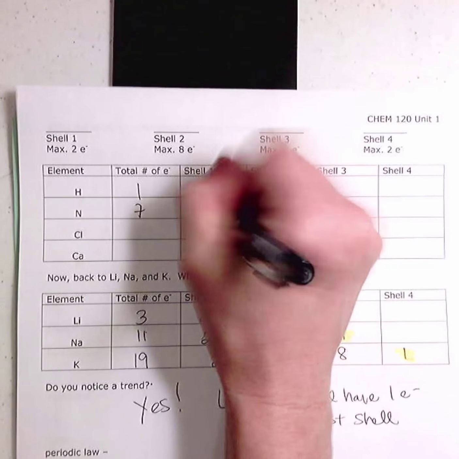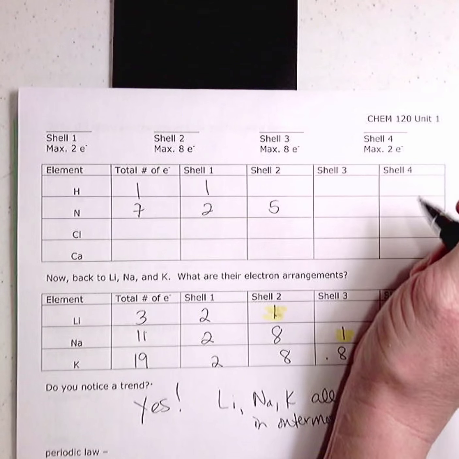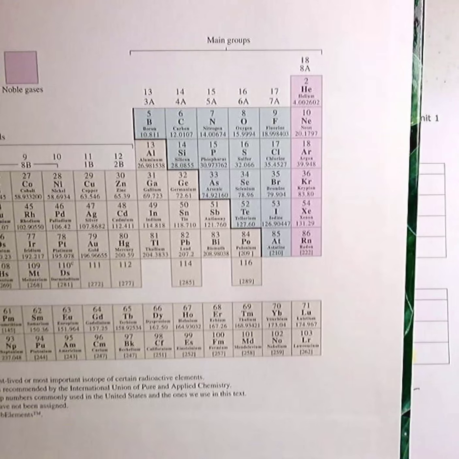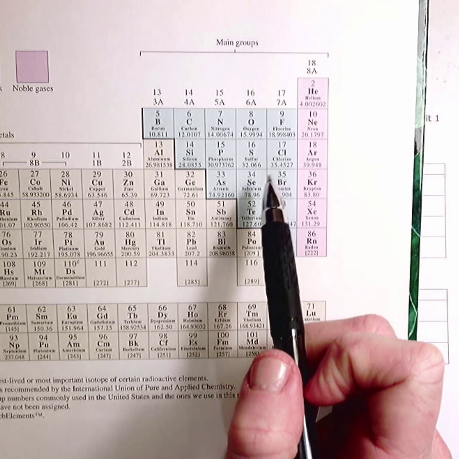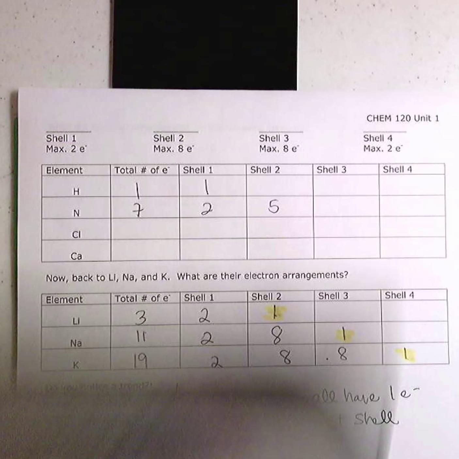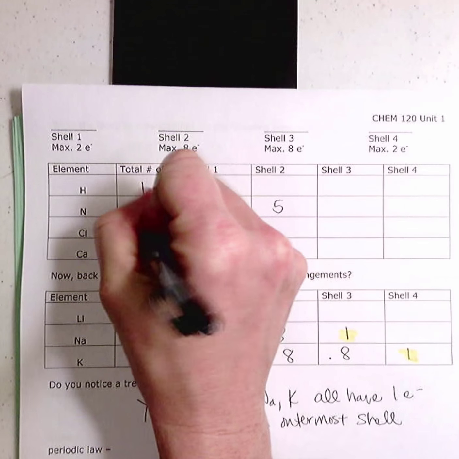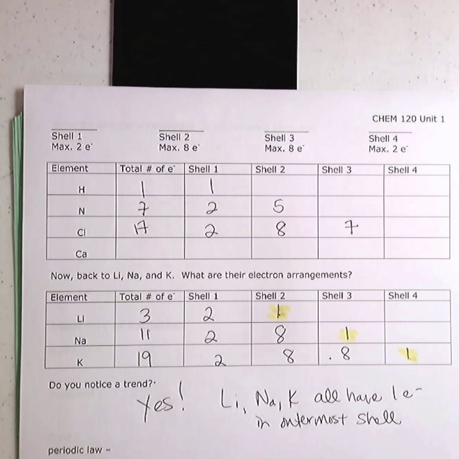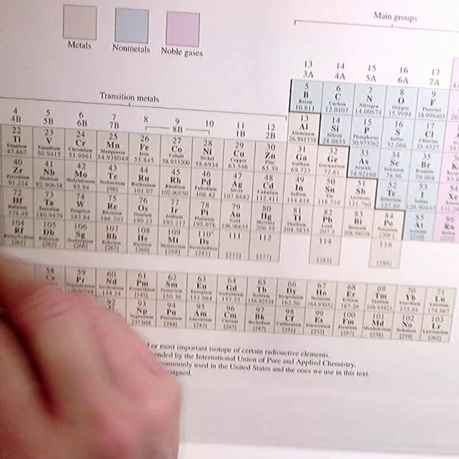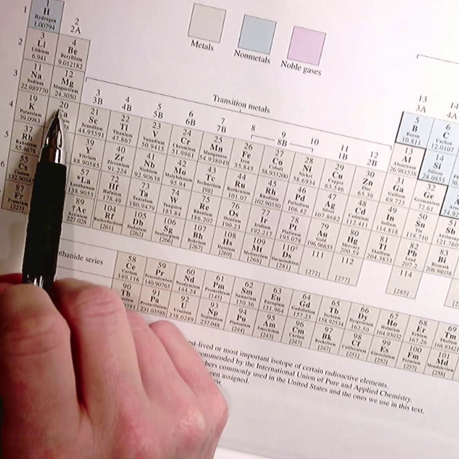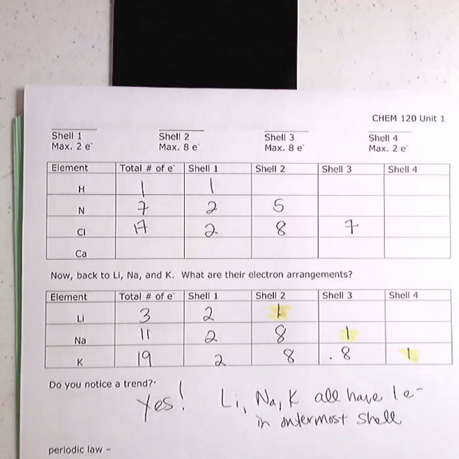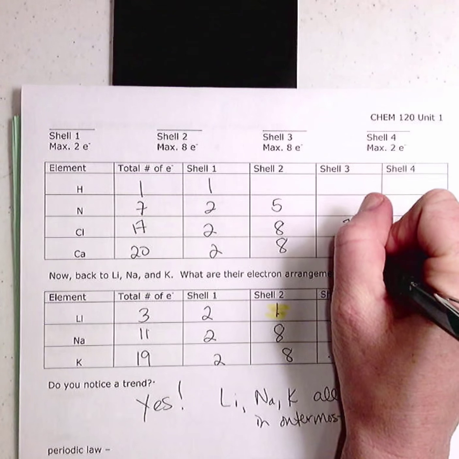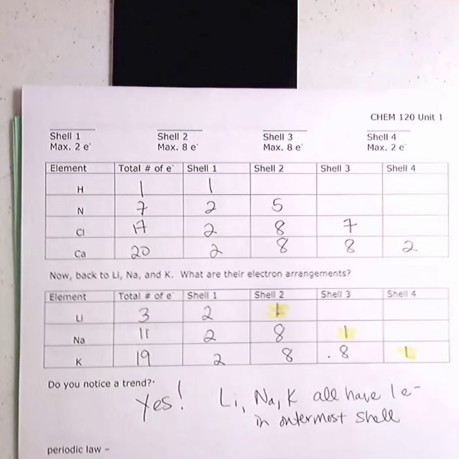So I'm going to park 2 here and then 5 here. Chlorine has an atomic number of, there you are, chlorine, 17. So it's going to be 2, 8, 7. And then calcium is over here, 20. So it's going to be 2, 8, 8, 2.